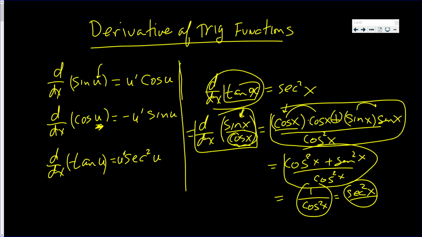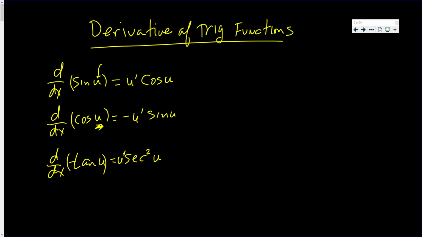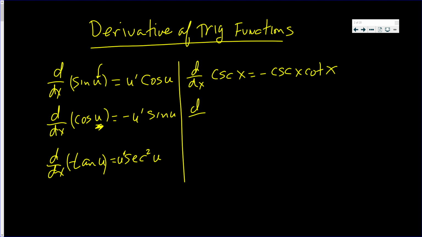You can prove the other ones using the definition of derivatives, but my advice would be to just know these cold. The derivative of cosecant x is negative cosecant x cotangent x.